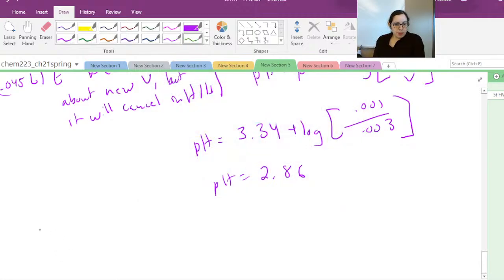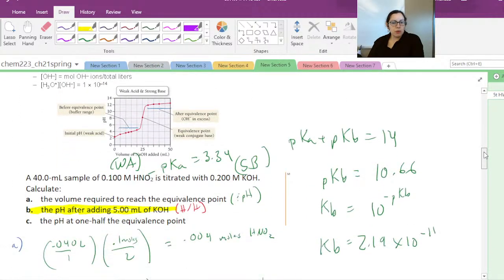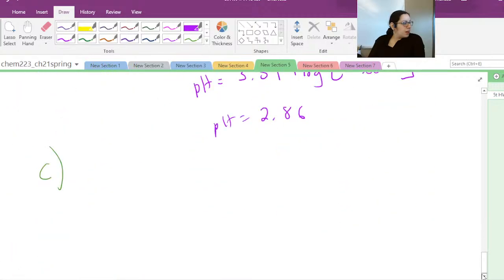And so let's set up our situation. It says we want the pH at 1/2 the equivalence point. And maybe let's set up our reaction so we remember what we're doing.